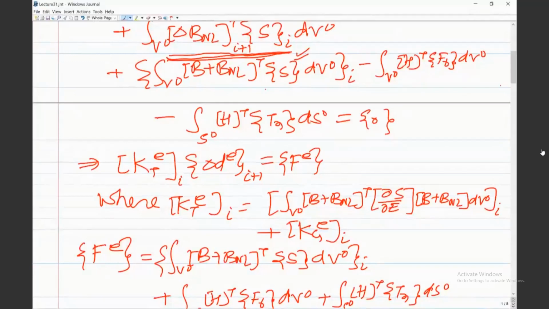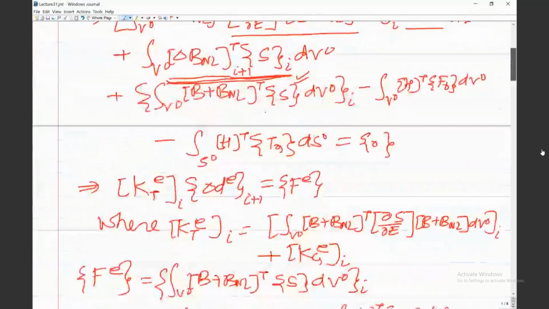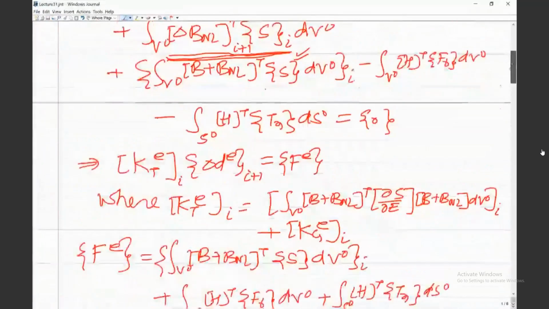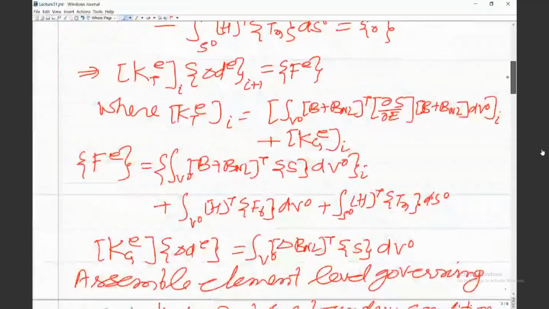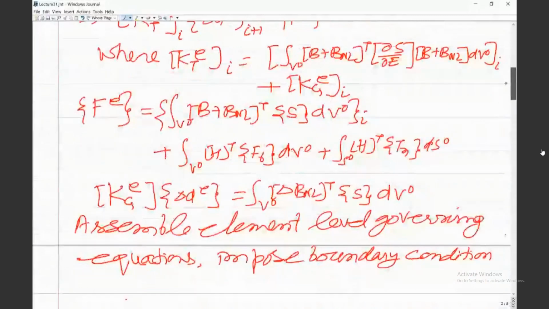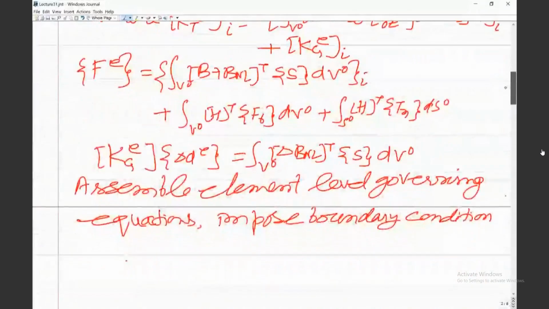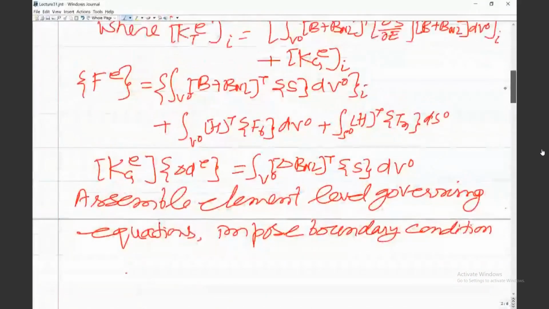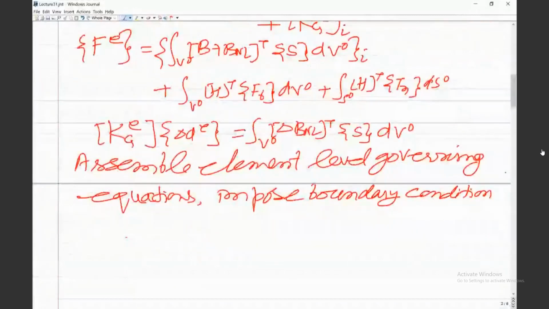So we rewrite it in such a way that we have it in the form of a matrix KG into delta D. I will take some examples and clarify how this is rewritten. So assemble element level equations, impose boundary conditions and solve for delta D.